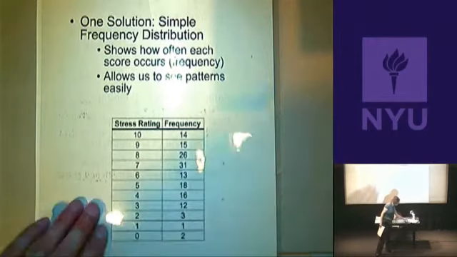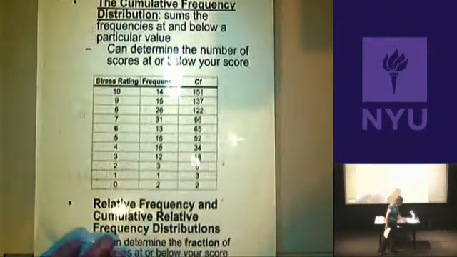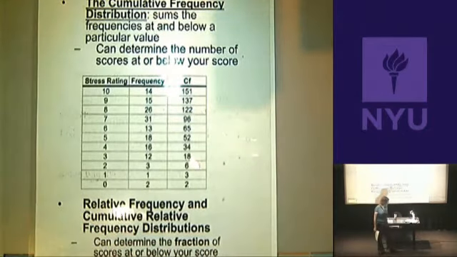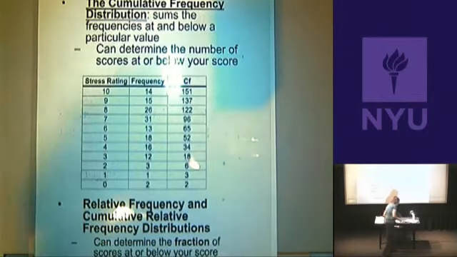We can make the listing even more useful. This is called a cumulative frequency distribution, because it accumulates the scores going up. For example, let's take a look at how this is created. Here's my simple frequency distribution.